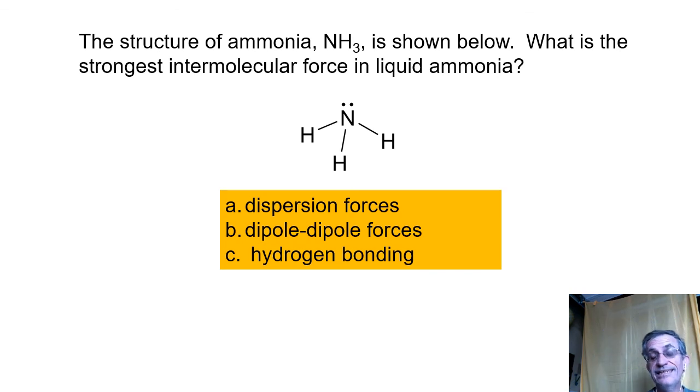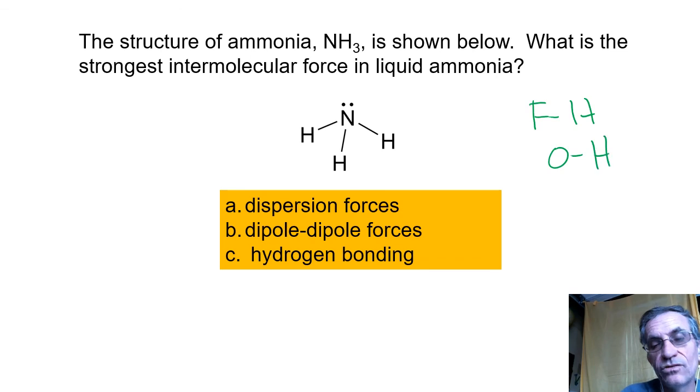Oh, this is one of the ones that has that special group of atoms. If you are a molecule with an FH or an OH or an NH as part of who you are, you hydrogen bond with your neighbor.